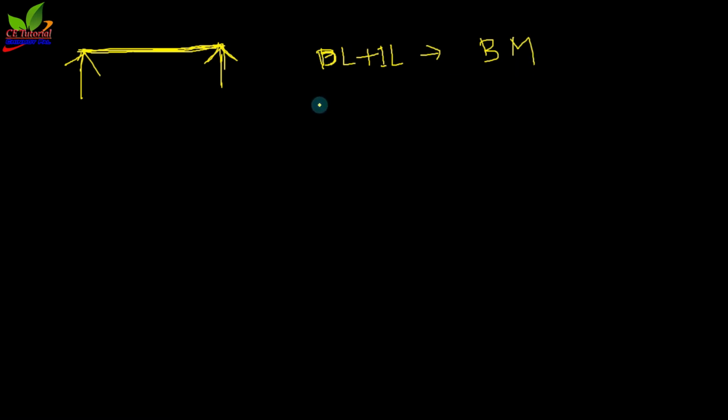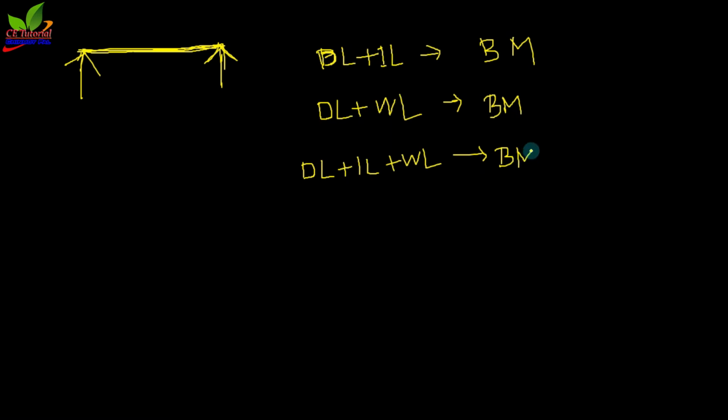For the second case, again you have to analyze this beam with dead load plus wind load or earthquake load, and again you can get another bending moment. Then the third step is you add dead load plus imposed load plus wind load, and again you calculate the bending moment.